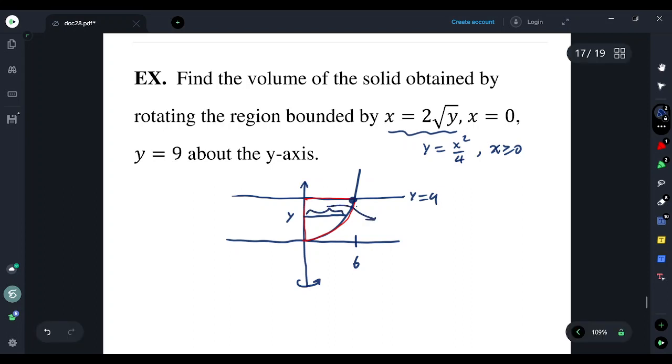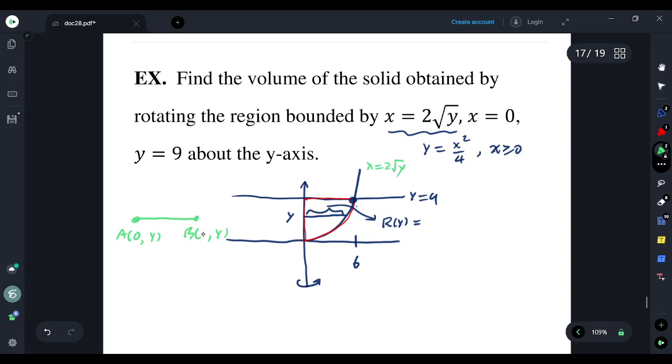So we have to calculate R(y). Using the basic fact that for a horizontal line segment, the left and right points have the same second coordinate: here both have second coordinate y, but the first coordinate for the left point is x equal to 0, and for the right point it is x equal to 2 square root of y.